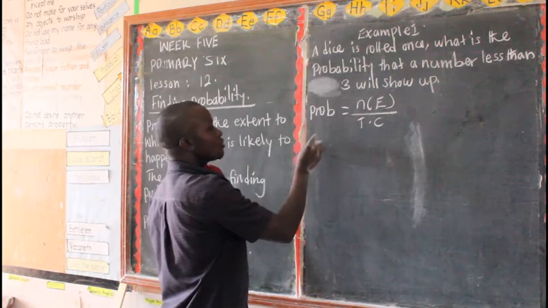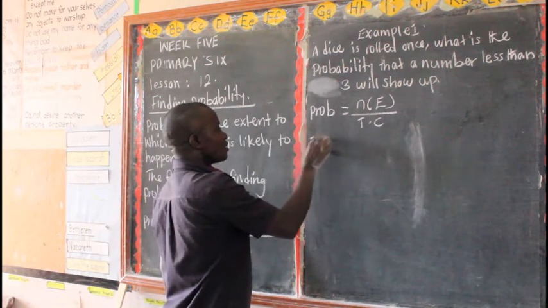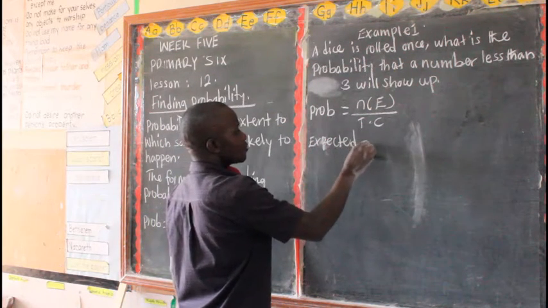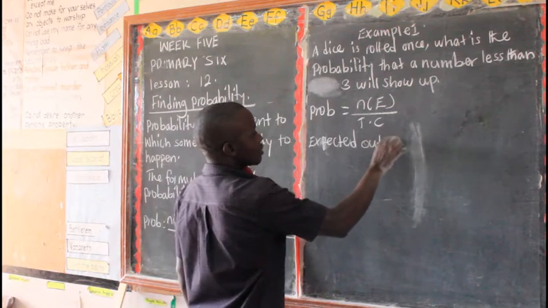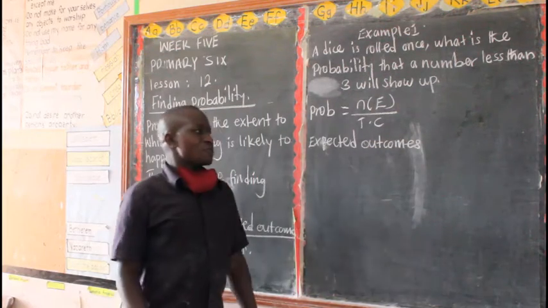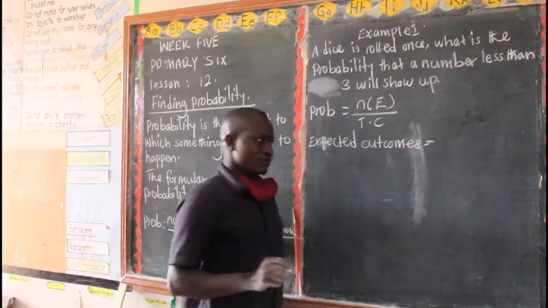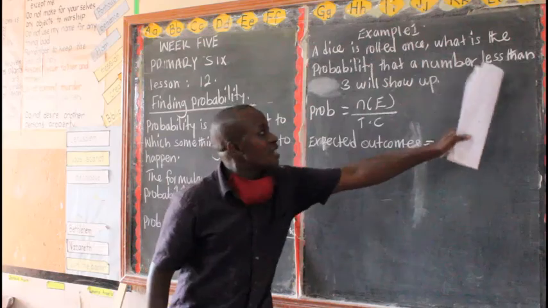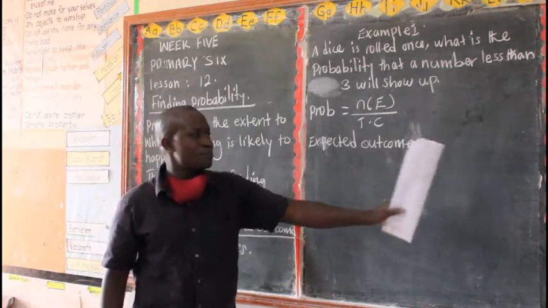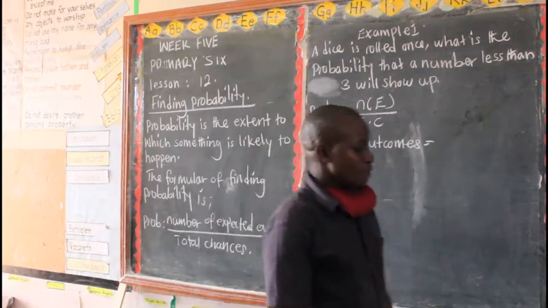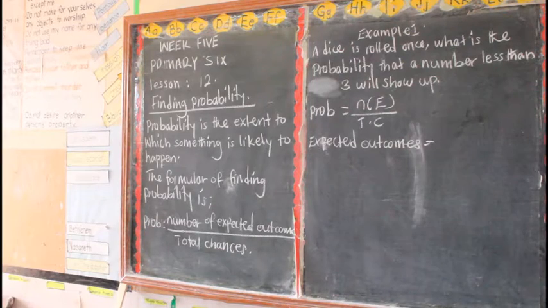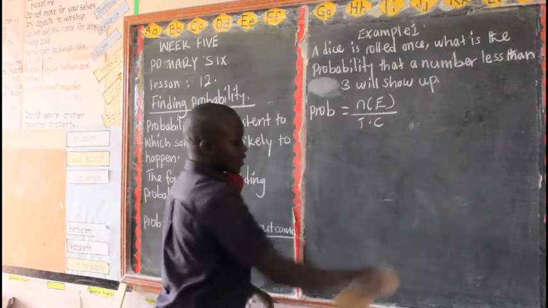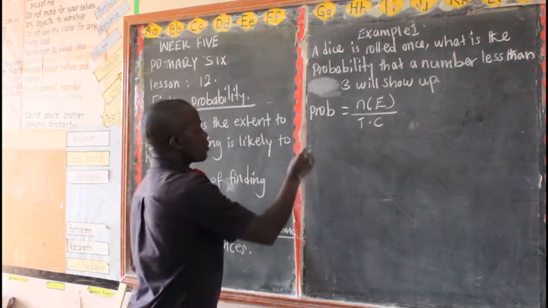Now, let's look at expected outcomes. They are talking of the probability that a number less than 3 shows up. That is the expected outcome. But before we look at expected outcomes, let's look at total chances.